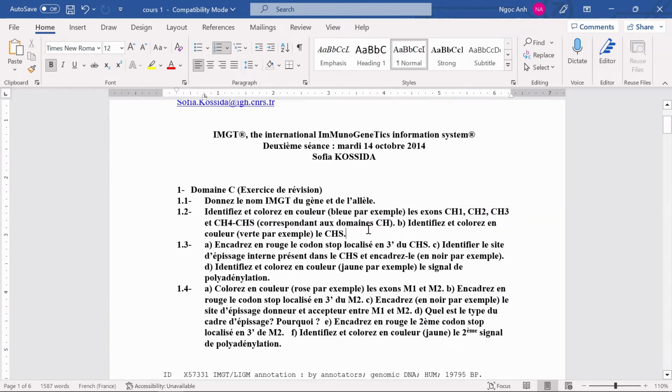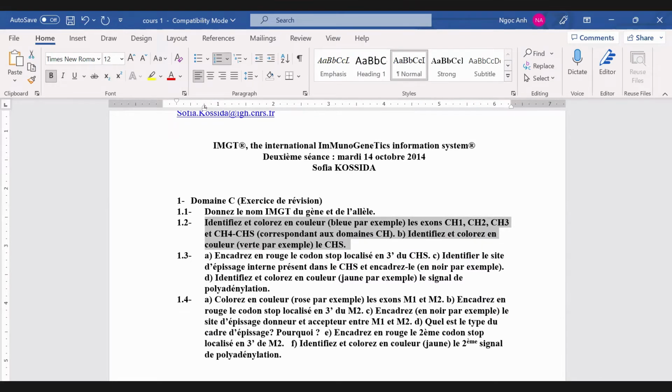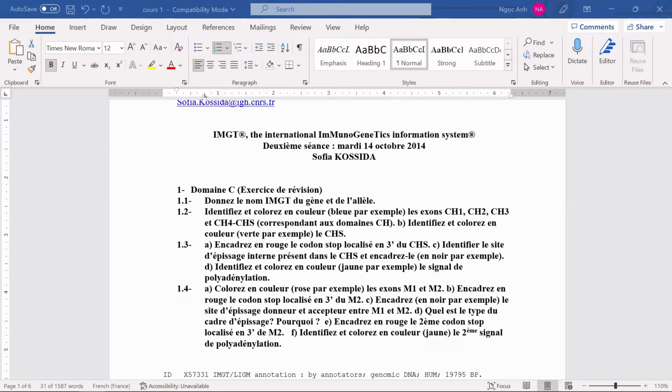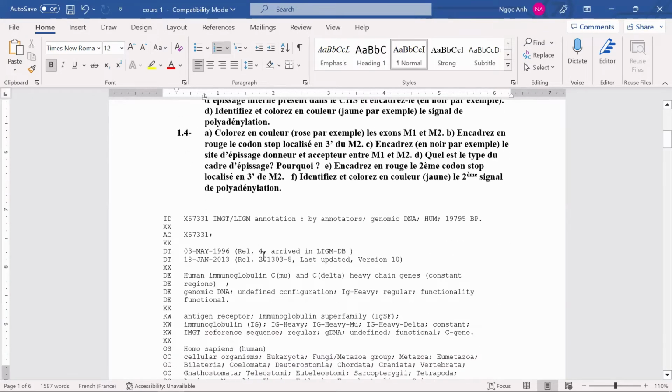Instead of my asking you in an exam how many different CH domains we find in an M heavy chain, which will be much more difficult, I provide you with this exercise. And if you do it properly, I suppose it will be a bit easier to register this information.